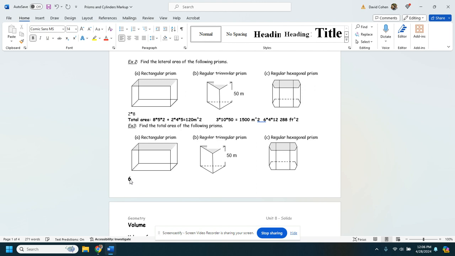So our original was 64 meters squared plus 120 meters squared, and that equals 184 meters squared.